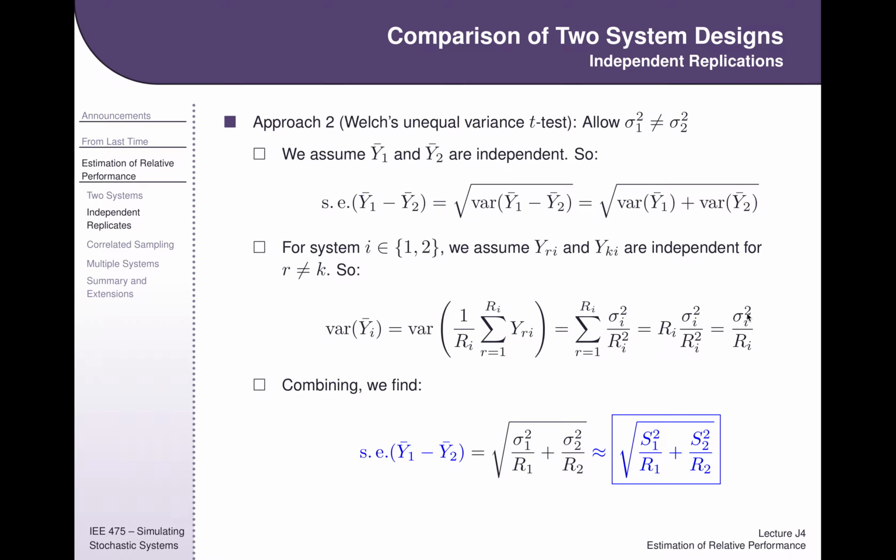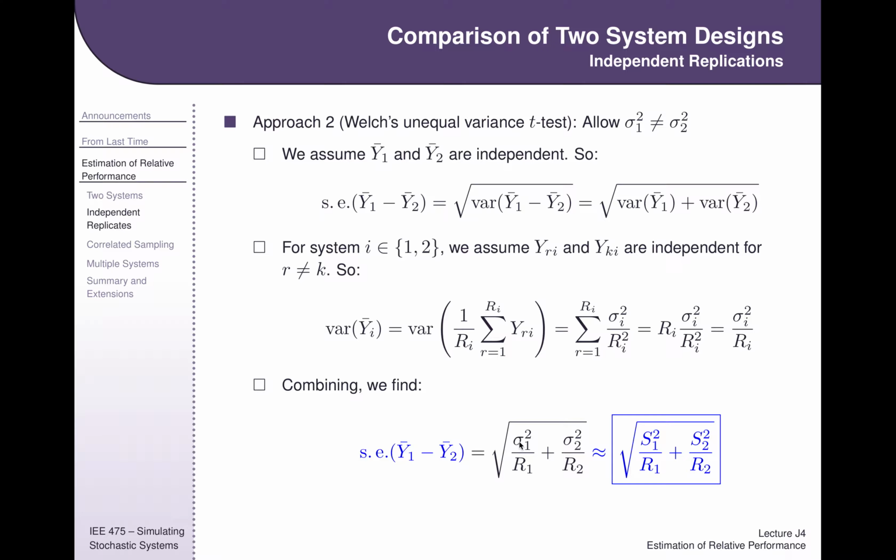And this is where the standard error of the mean comes from, because if you take the square root of this thing, you end up getting the standard deviation on the top and the square root of the number of replications on the bottom. If we take this expression and put it into this expression here and here, we now have a formula for the standard error of the mean, which looks like this.